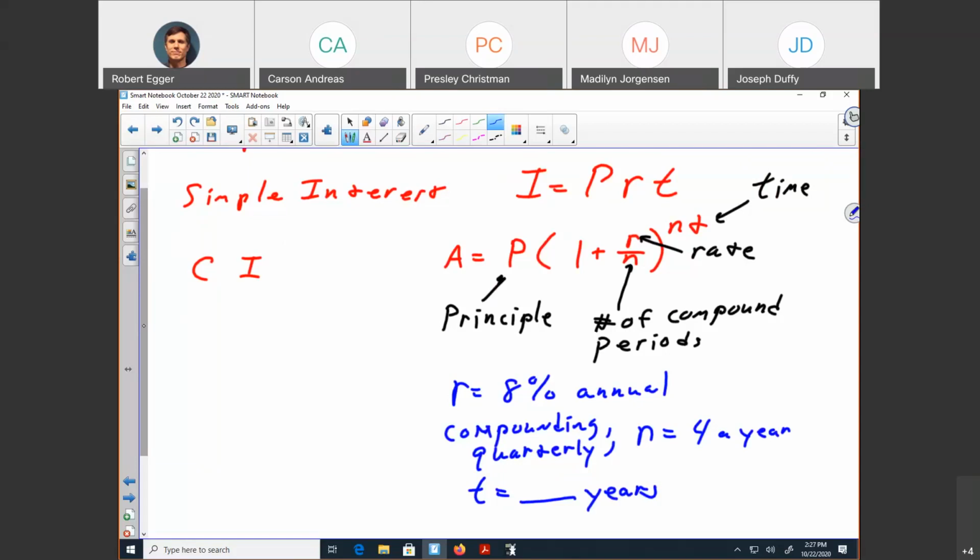What mistakes happen is, okay, the rate is annual, the compounding period is how many times a year, and they give you 12 months. Well, 12 months is not years, so be careful with that to make sure all the units match up. That's usually where they get you.